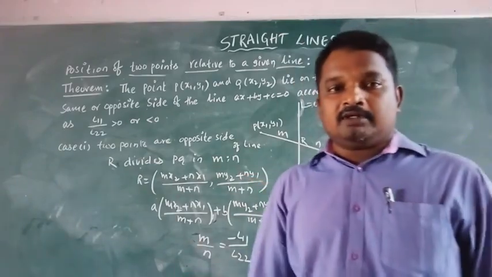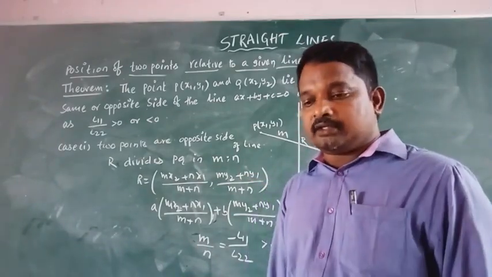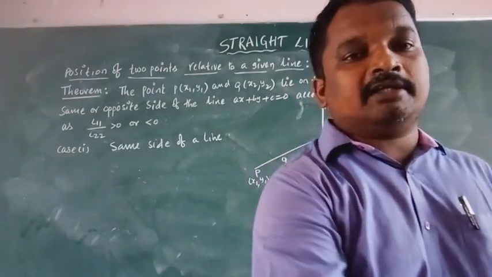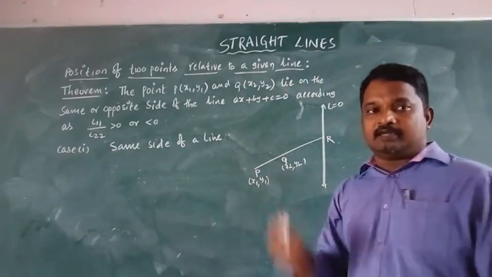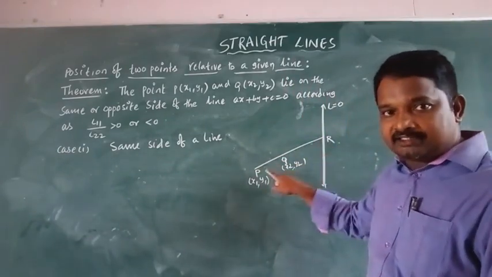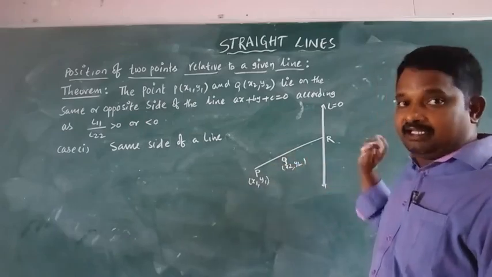So next, case 2. In case 2, the points are on the same side. So now observe that R divides this line segment externally.